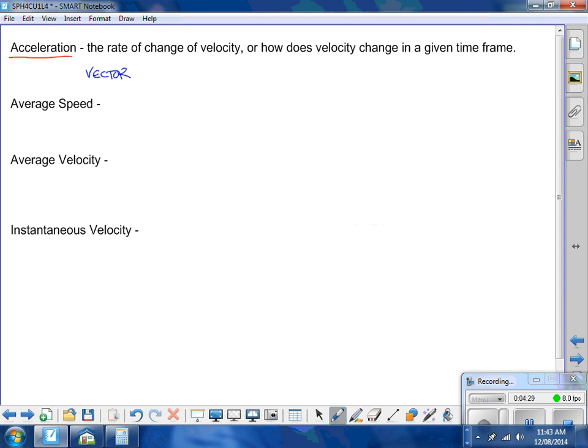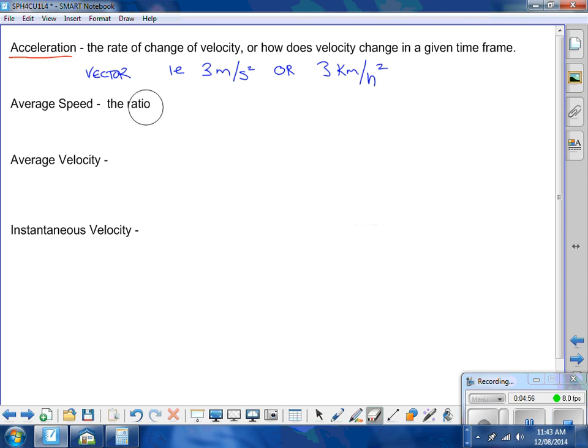And the units for us would be 3 meters per second squared, or it could be 3 kilometers per hour squared. I'll show you the math a little bit later on why the units work that way. But the time gets squared when we're reporting that. So it's how fast your velocity is changing.